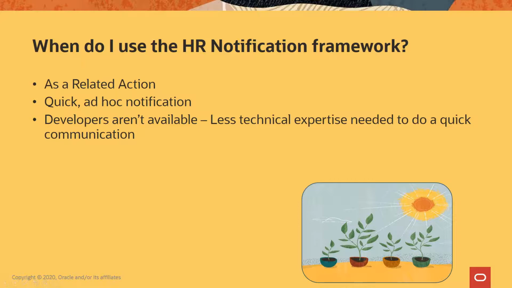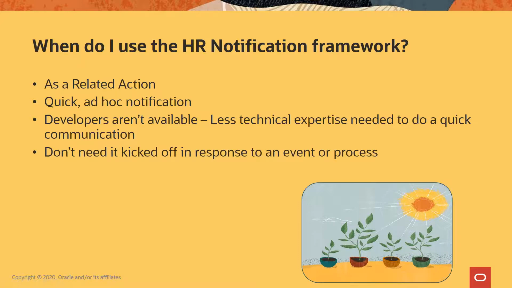And when developers aren't available, less technical expertise is needed to do a quick communication. Most people can use the app classes that we've defined to select a pay group or a department or a business unit that you want to send it to, or just send it to individual employees.